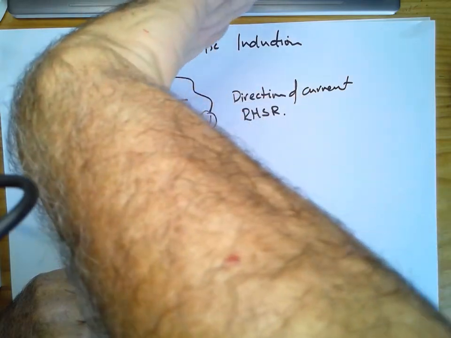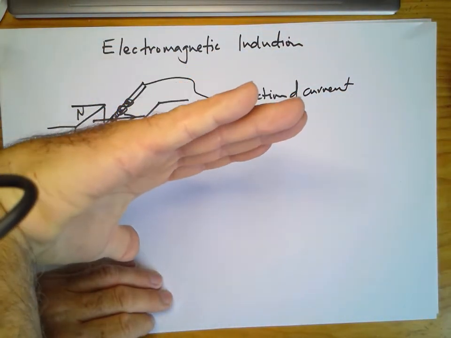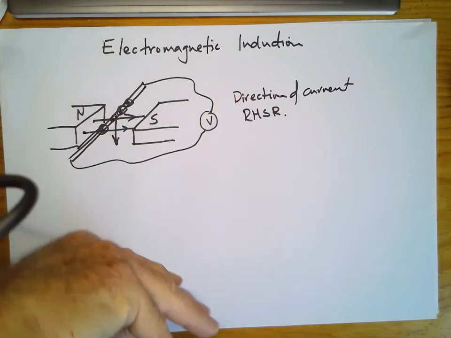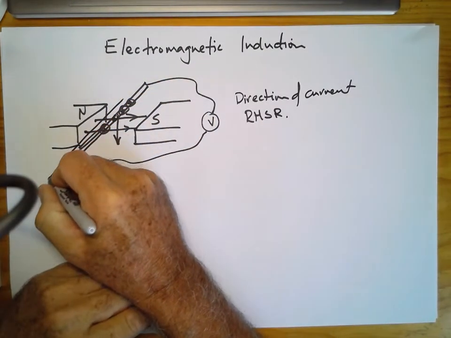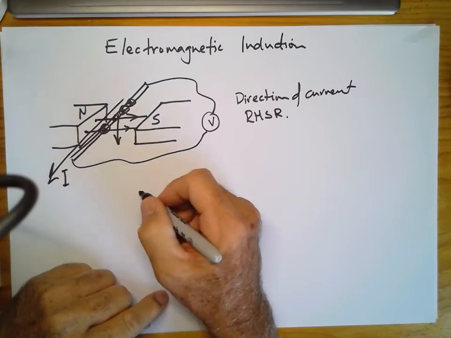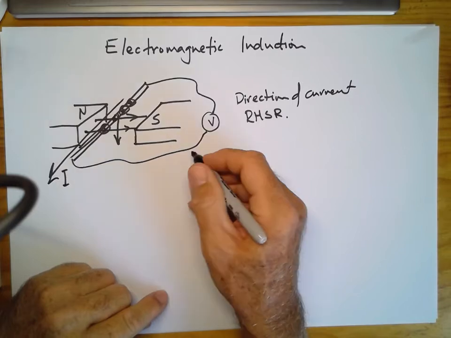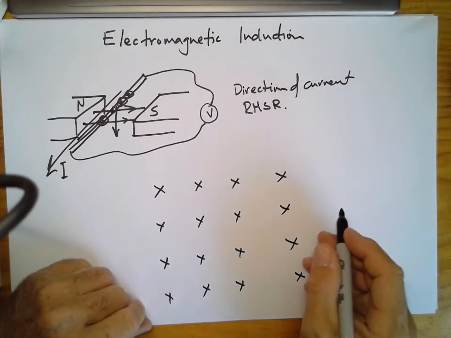The magnetic field from north to south, right hand slap rule, these positive charged particles will be moving in this direction, so we get a current I in this direction. We can draw it this way.